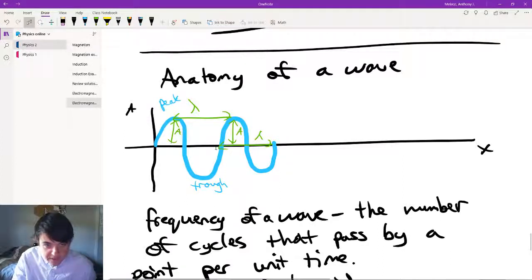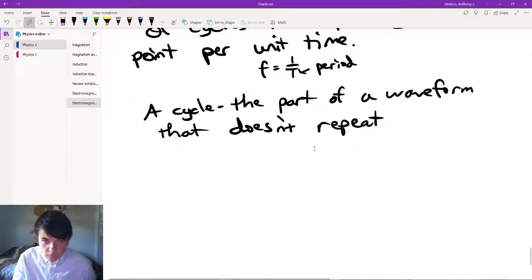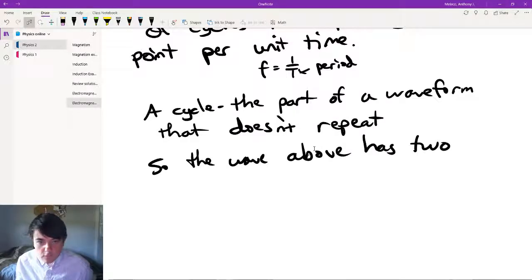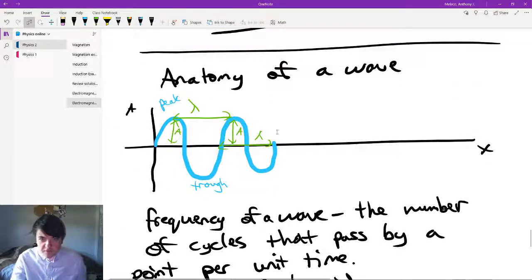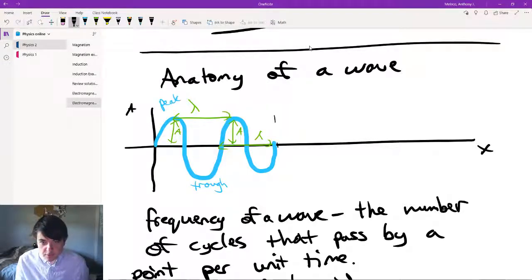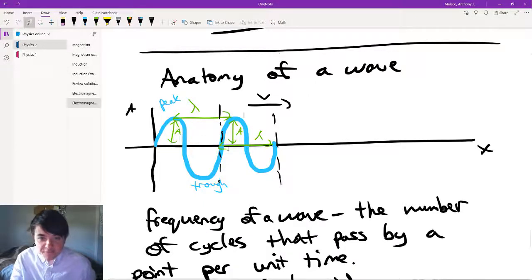So this first part is cycle 1, the second one is cycle 2. So the wave above has 2 cycles. So if I create like a line in space, like right here, how many cycles are going past this point in time if the wave is moving to the right, okay? That's the frequency.